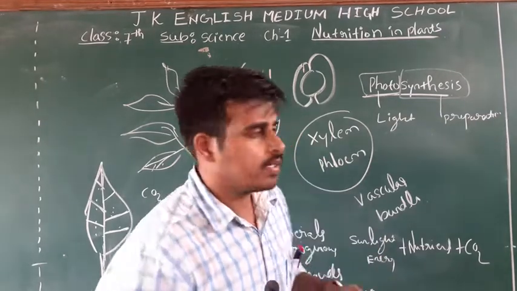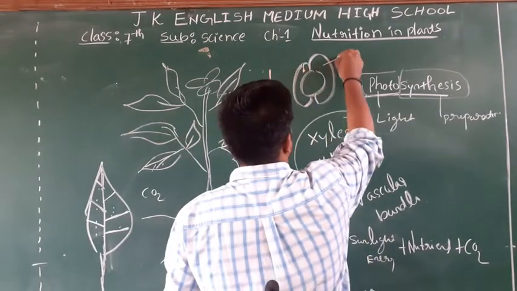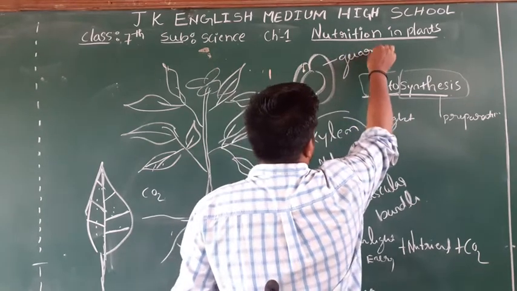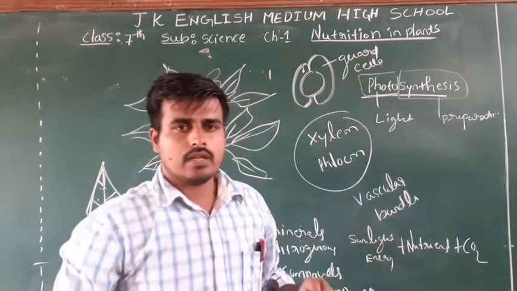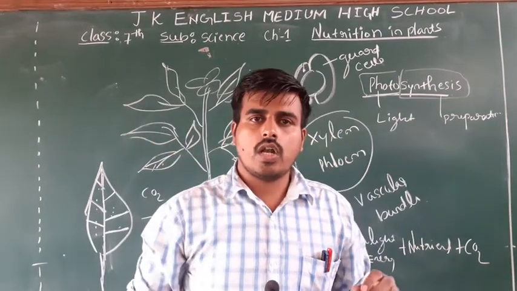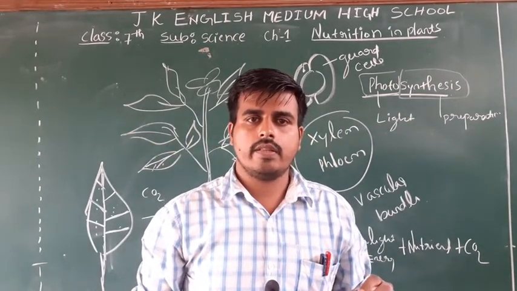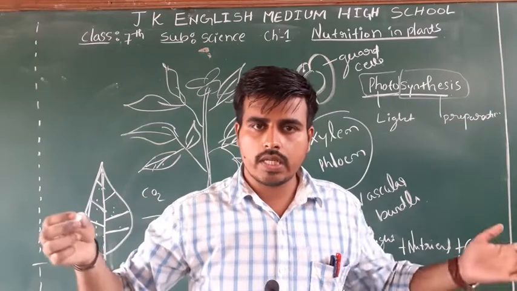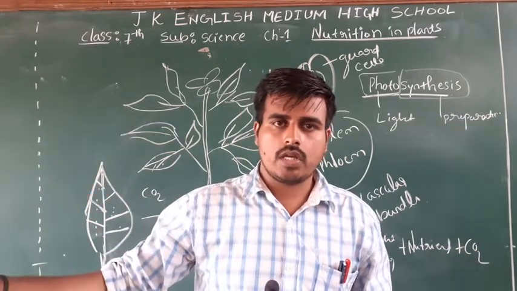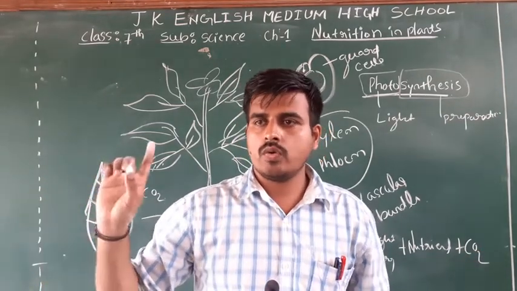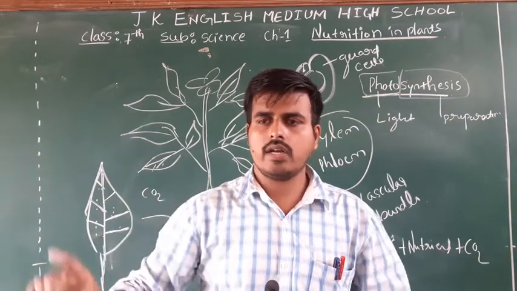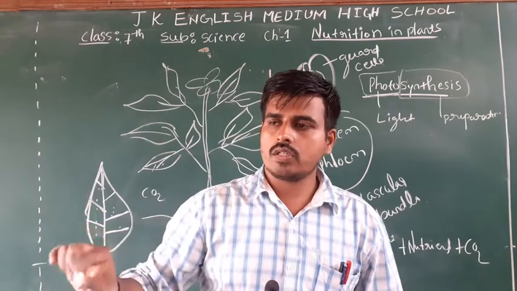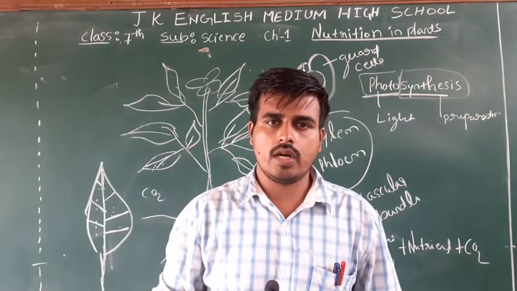They are known as guard cells. What is the work of guards? Guards allow the authorized persons to go in, and they stop unauthorized persons. One who is allowed to enter any meeting or any particular area, the guards will allow them. One who is not authorized, they will stop. This is the work of a guard.